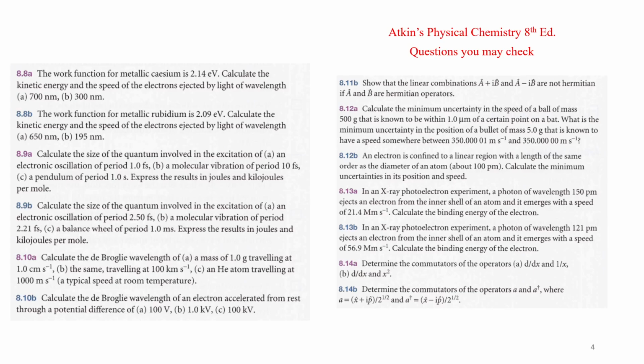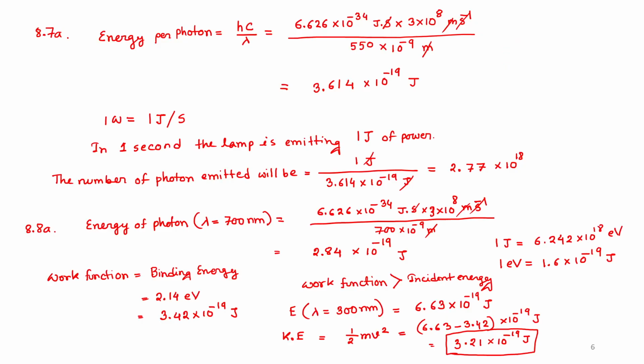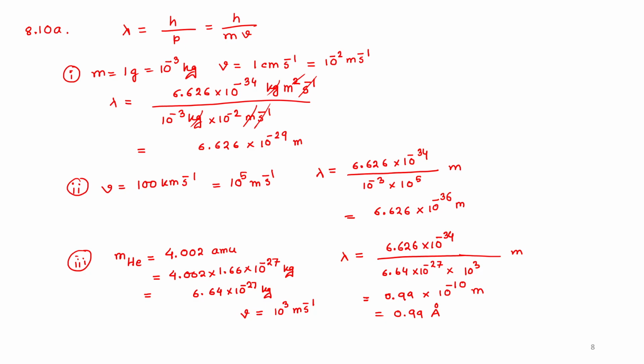So the question is again a little bit different, but easy. The kinetic energy of an electron accelerated through a potential difference of 1 volt is 1 electron volt.